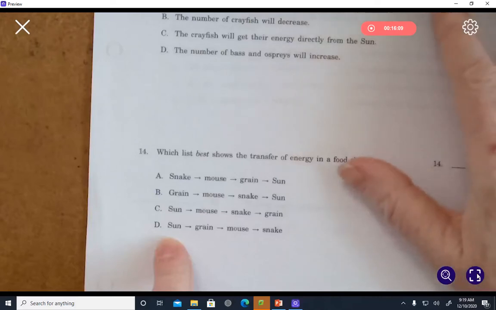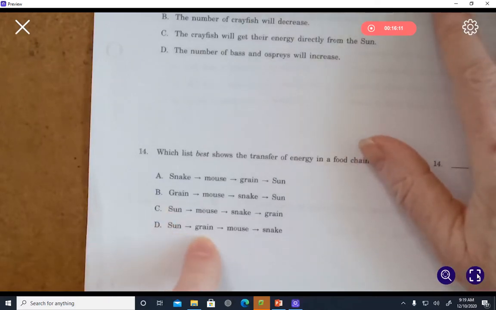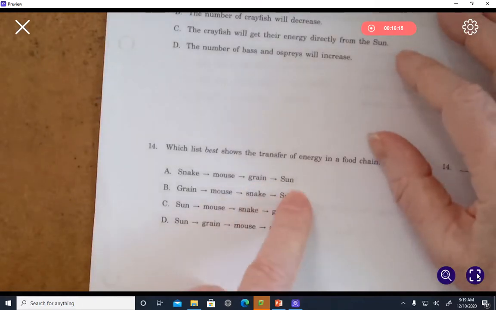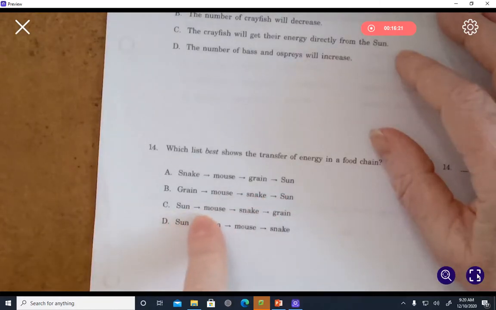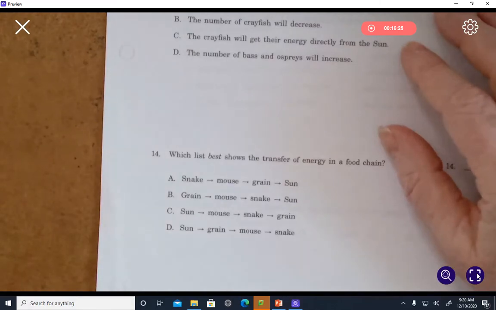Here the sun goes to the grain, and here the grain goes to the sun, grain, mouse, snake. So it's sort of like if you don't follow the energy flow.